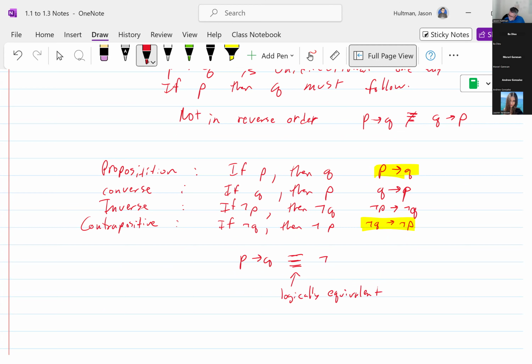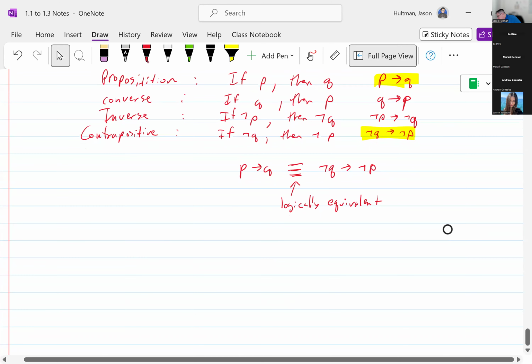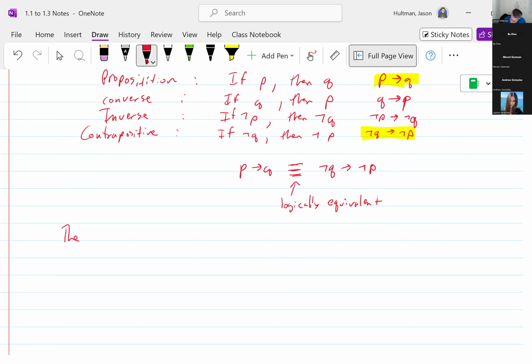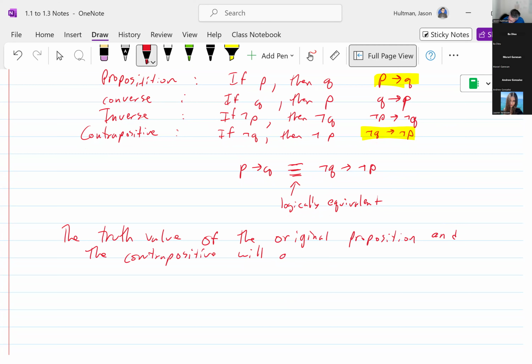Okay, P implies Q is logically equivalent to not Q implies not P. The truth value of the original proposition and the contrapositive will always be equal.